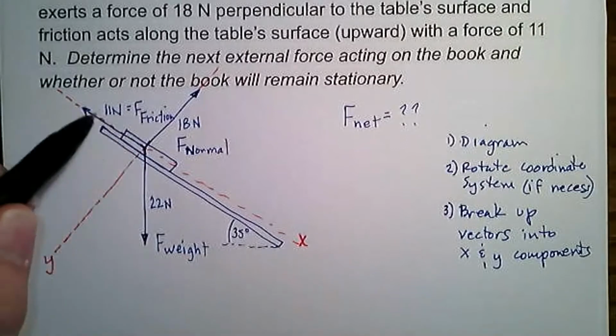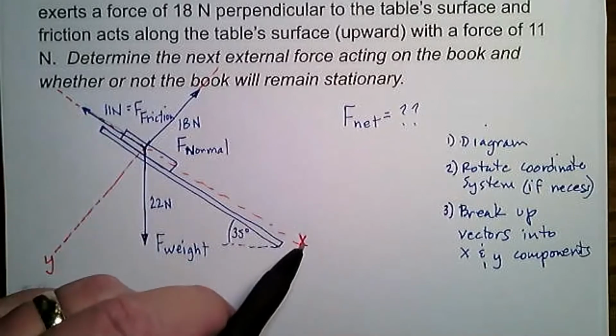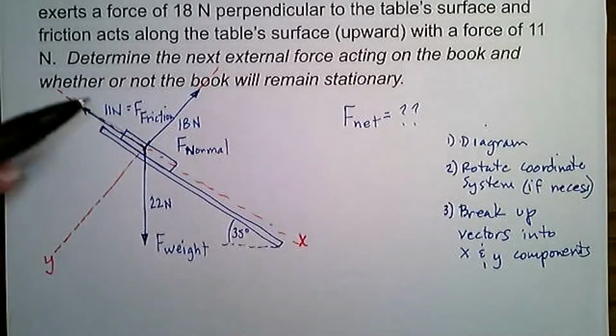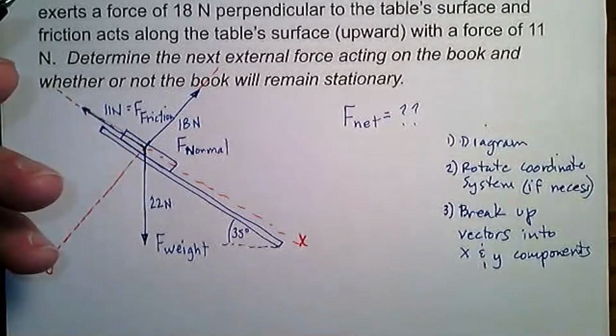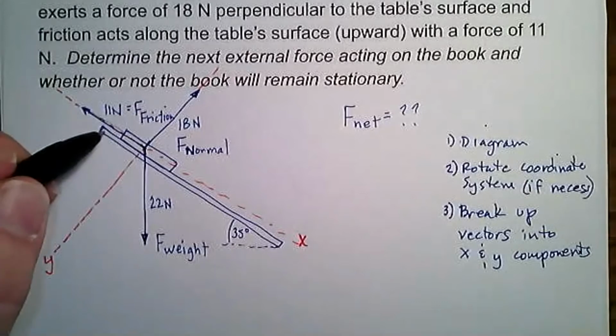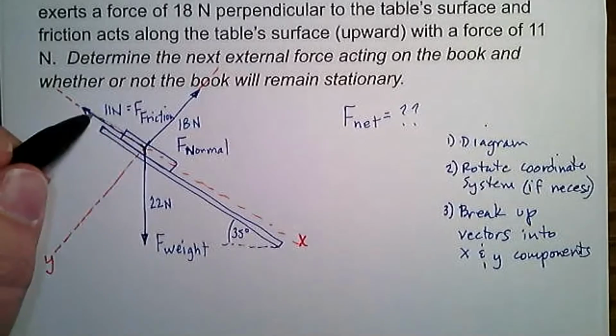So again, if I look at the forces that we have here, I can see that this one is totally in x. Again, our new x, our rotated x, that friction is totally in x. I don't need to break it up. You do not need to break up a force that is already in either the x direction or the y direction.